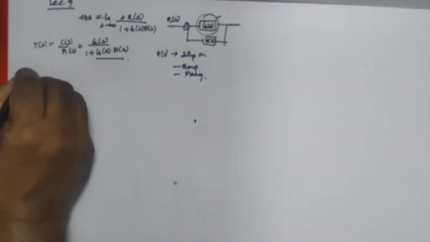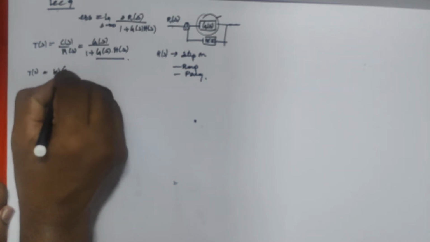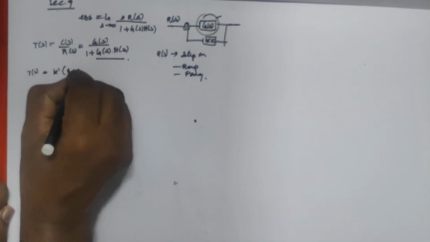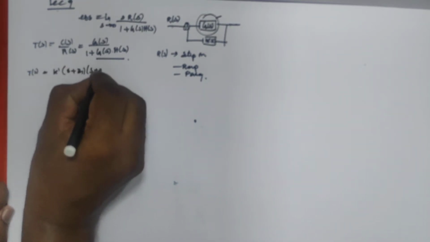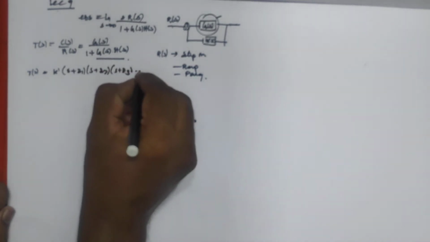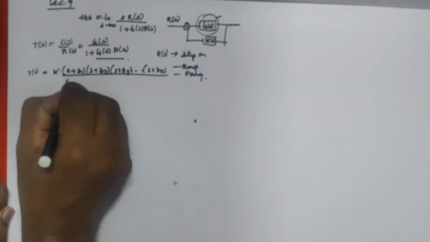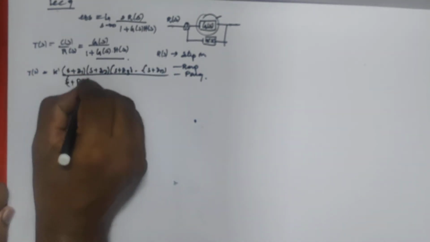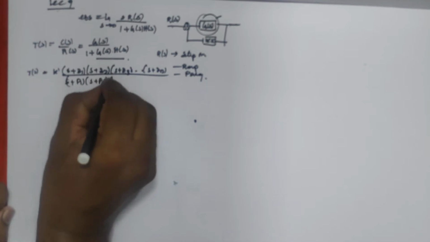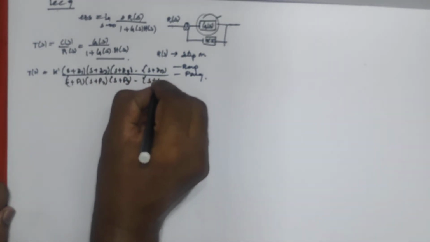in general the transfer function T(s) can be represented as some K dash, (s plus z1)(s plus z2)(s plus z3) and so on up to (s plus zn), by (s plus p1)(s plus p2)(s plus p3) and so on up to (s plus pn).